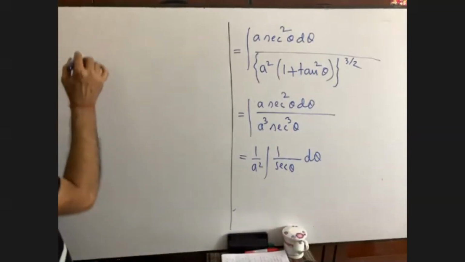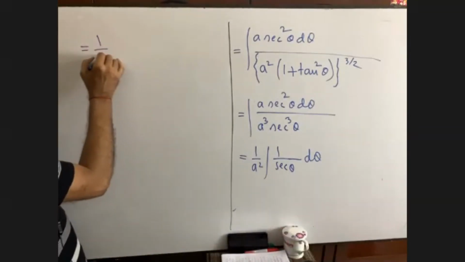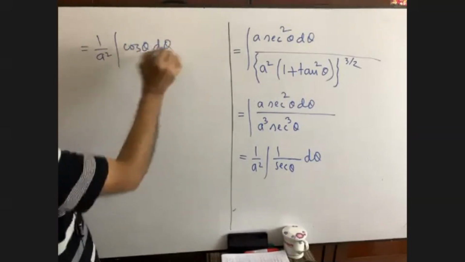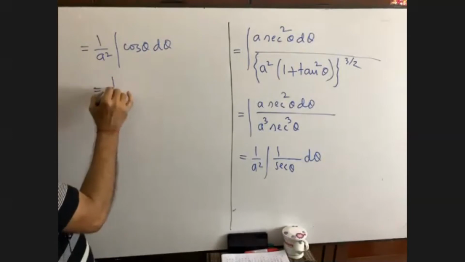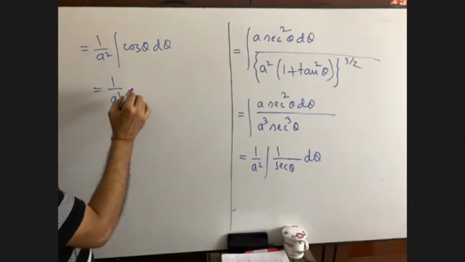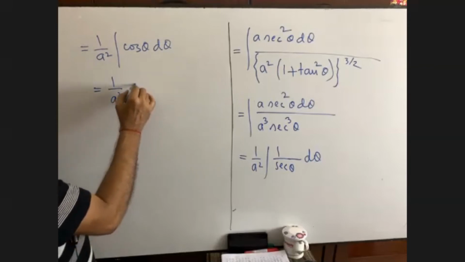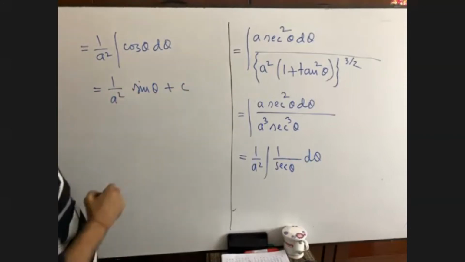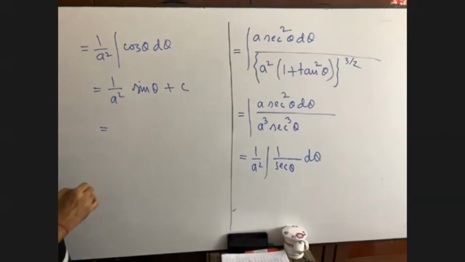It means 1 by a square cos theta d theta. Now, what is the formula of cos theta integration? Sin theta plus c. And what is the value of sin theta? Talk to me, all of you.